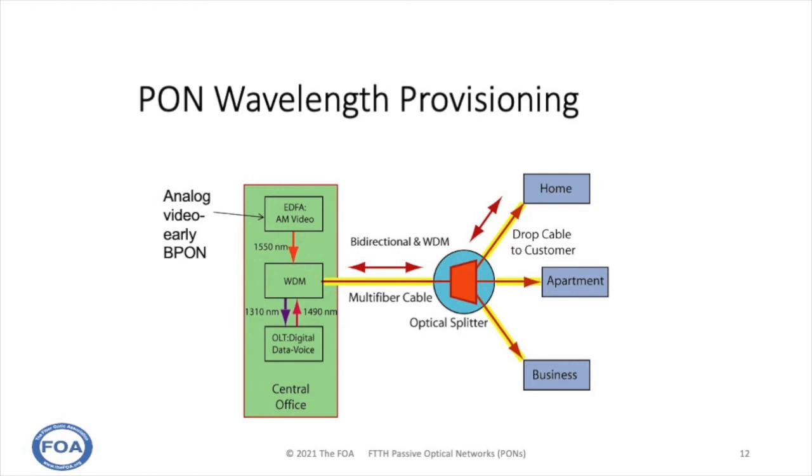Early BPON systems were installed before Internet Protocol TV was widely available, so they used analog video just like a cable TV system, and they tended to use 1550 nanometers downstream. Because it was AM video and because it was going through a splitter, in some cases these early systems at 1550 required that the network have fiber amplifiers to get the signal level high enough to be usable with the splitters.